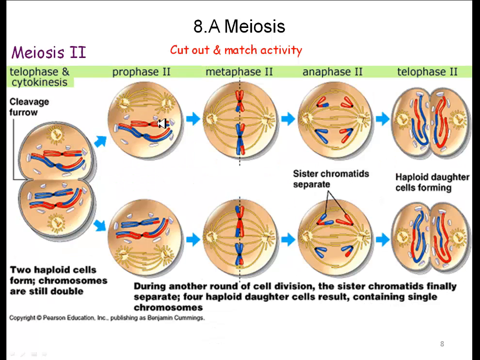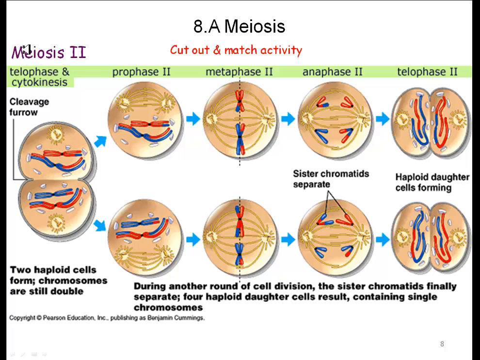Then we move to meiosis 2, where we get the cleavage furrow, and the individual chromosomes move over. Then we get prophase 2, where we start forming the centrioles and spindle fibers, and then metaphase 2, where they line up, and the spindle grabs onto the centromere and splits them up.